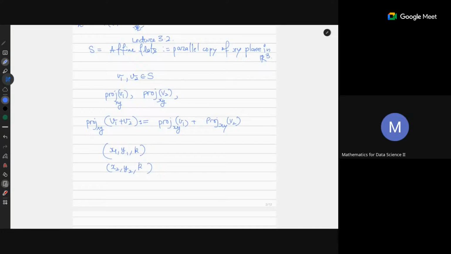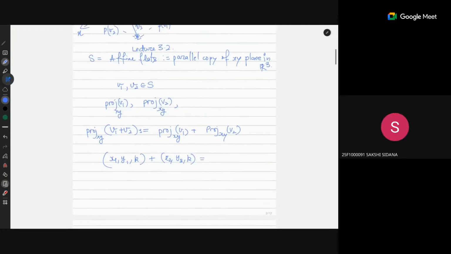Okay. Now, how do you define the addition? What will be the projection of the first vector? X1, Y1, 0.